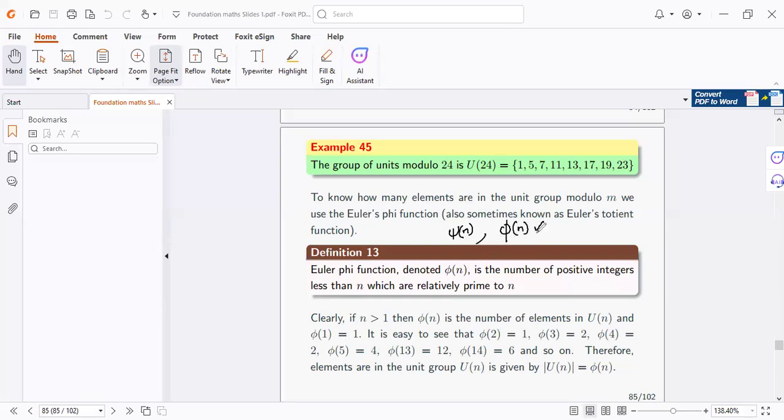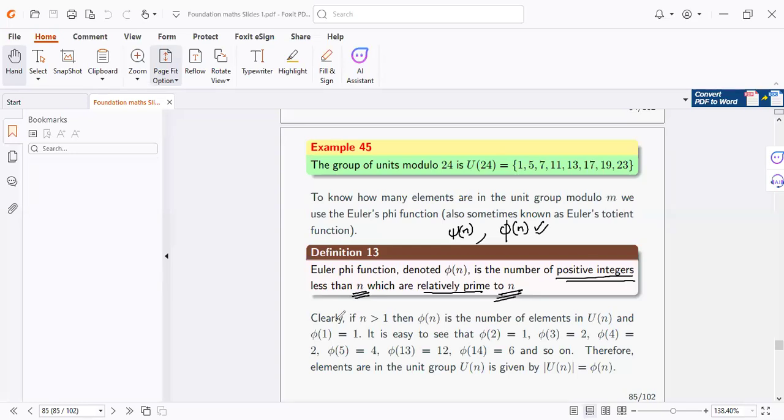So I've used this second one. The Euler-Phi function of n is the number of positive integers less than n which are relatively prime to n. That is what we call the Euler-Phi.